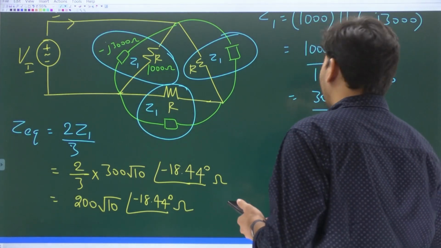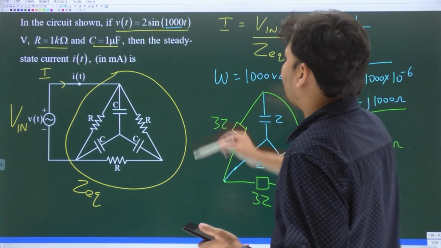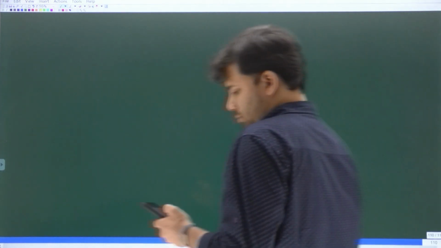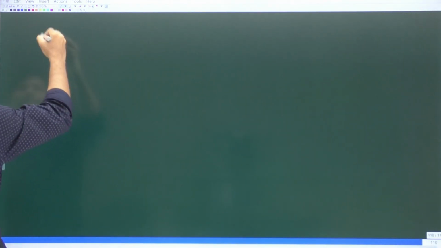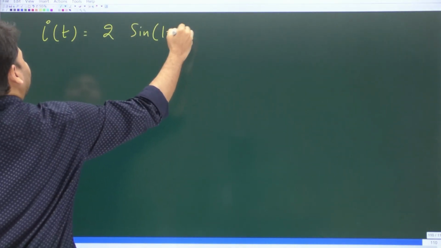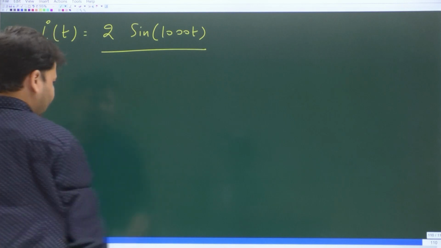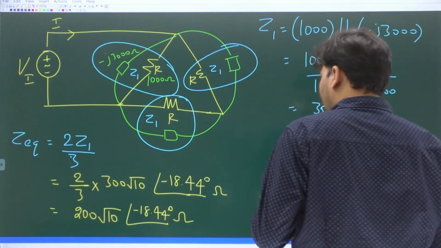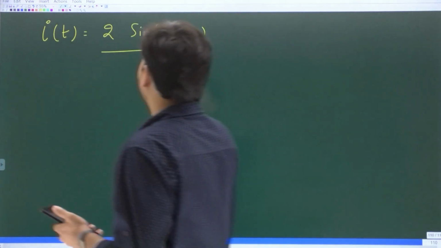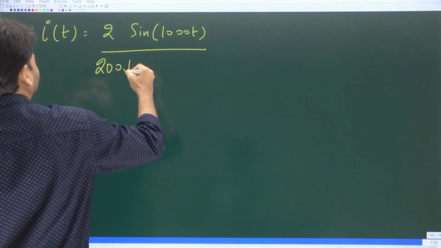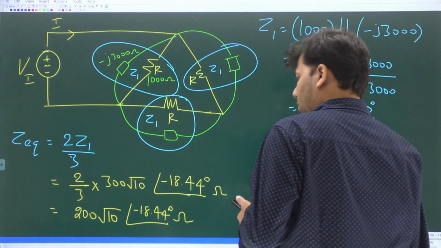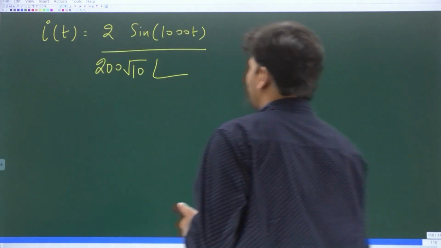What is the input source? Input source value is 2 sine 1000t. Okay. 2 sine 1000t divided by the equivalent impedance, which is 200 root 10 at an angle minus 18.44 degrees.